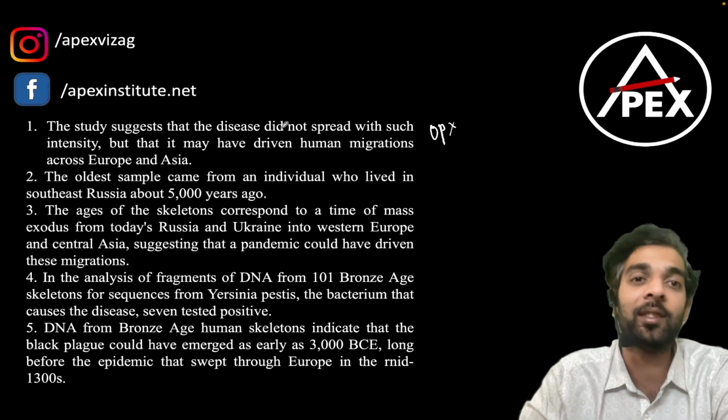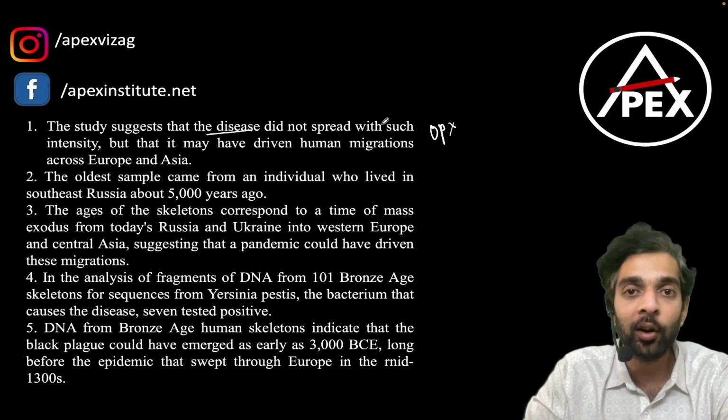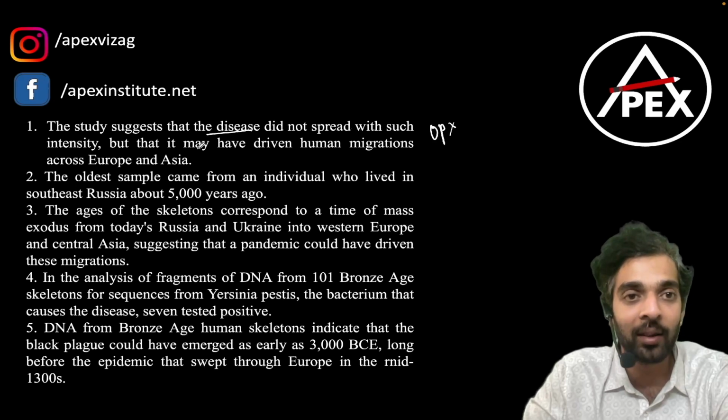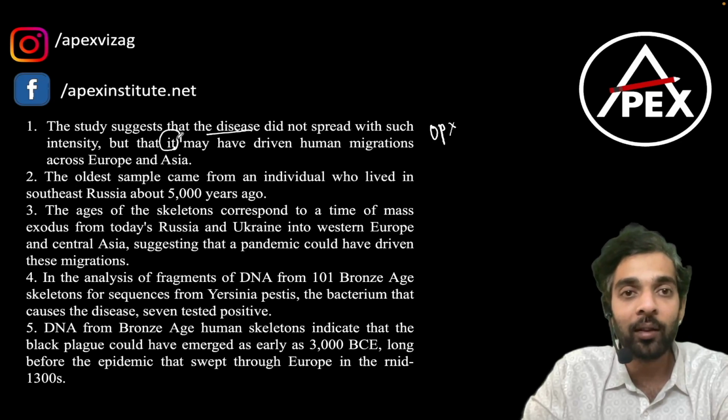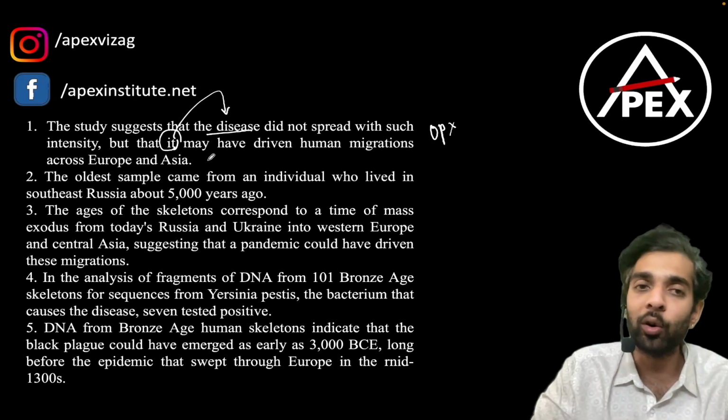The study suggests that the disease did not spread with such intensity, but that it, what is this "it"? That disease may have driven human migrations across Europe and Asia. So people from Europe and Asia would have come out somewhere.